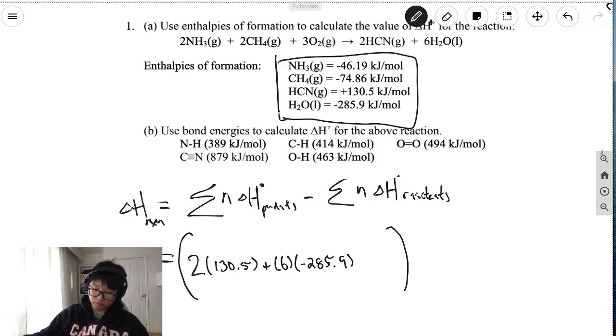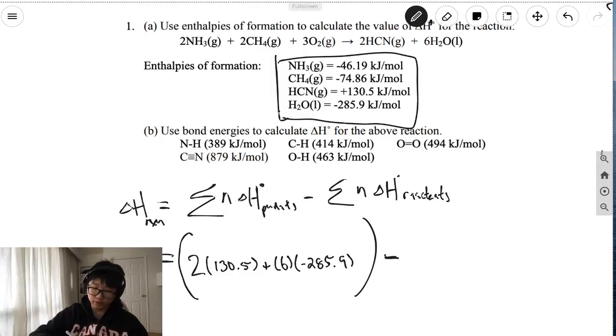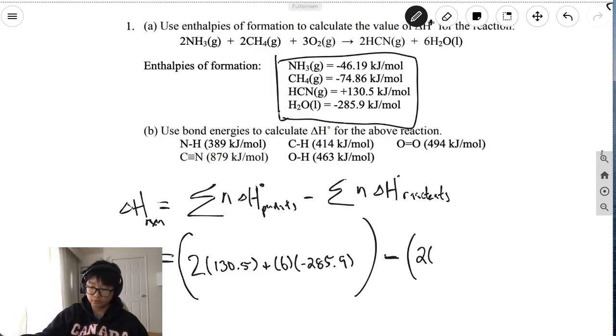Perfect. Okay, I guess I overestimated how much we were going to write in the bracket. I thought we were going to write the units as well, but it's okay. You can just see these are moles times kilojoules per mole, so you only have kilojoules left. And then 2 times.